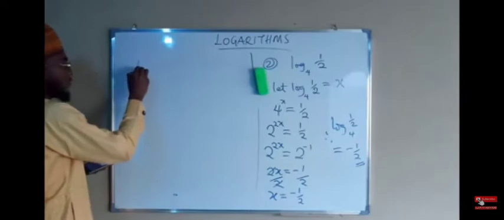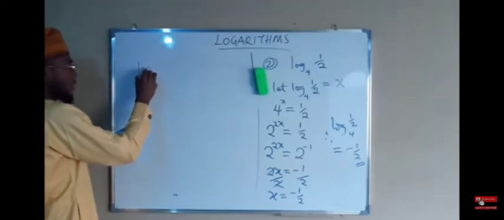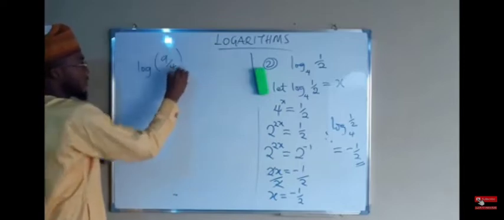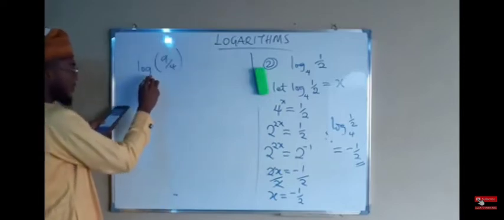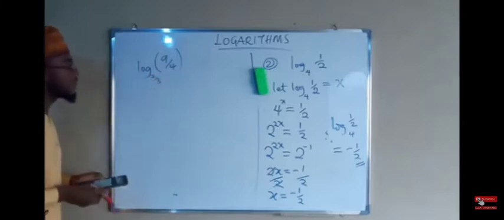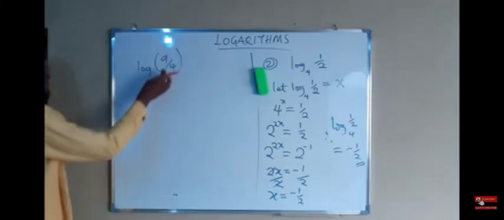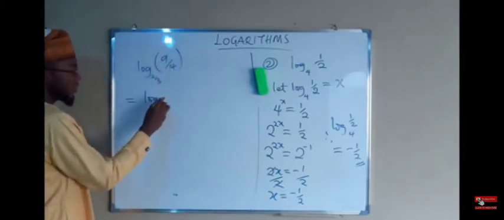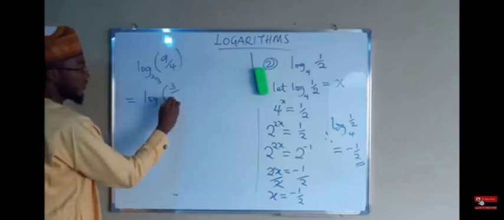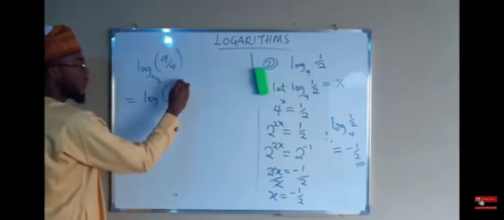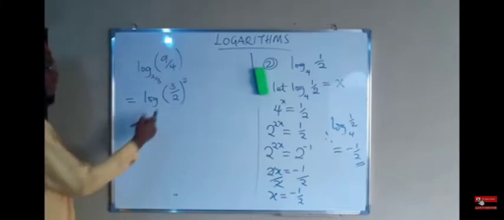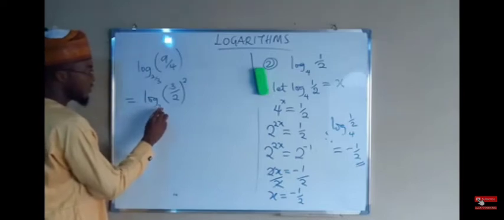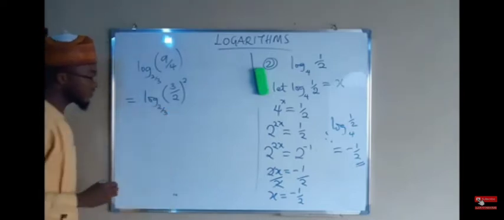Suppose we have log of 9 over 4 base 2 over 3. The 9 over 4 can be resolved to log of 3 over 2, all to the power 2. From laws of indices, 3 squared is 9, 2 squared is 4. Then we have base 2 over 3.